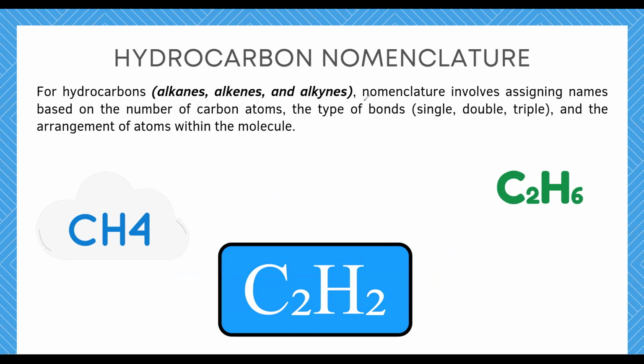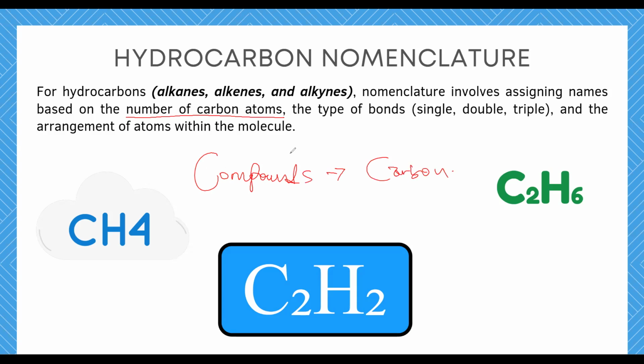Nomenclature involves assigning names based on a number of things. First, the number of carbon atoms. Remember, we talked about what organic compounds were in our previous class, and we said organic chemistry is the study of compounds that contain carbon. Do you remember that? Yes, sir. Good.